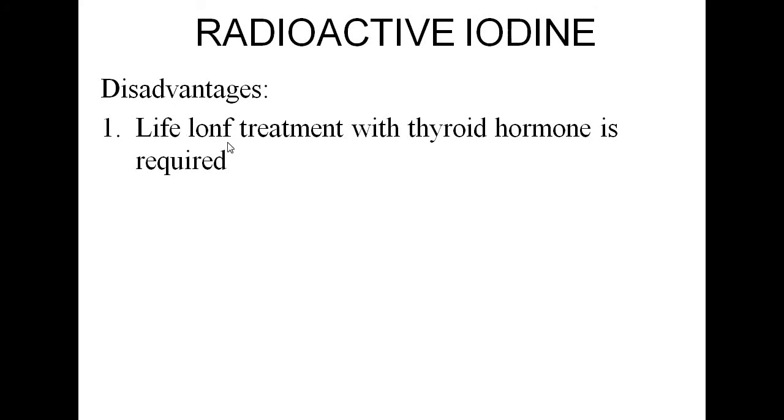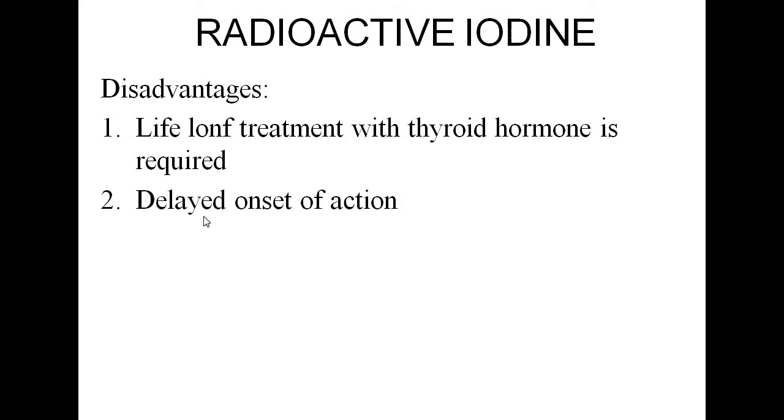Now the thyroid gland is destroyed permanently, which means the gland is no longer able to produce the hormones. So after radioactive iodine treatment, replacement therapy with thyroid hormone is required for life.